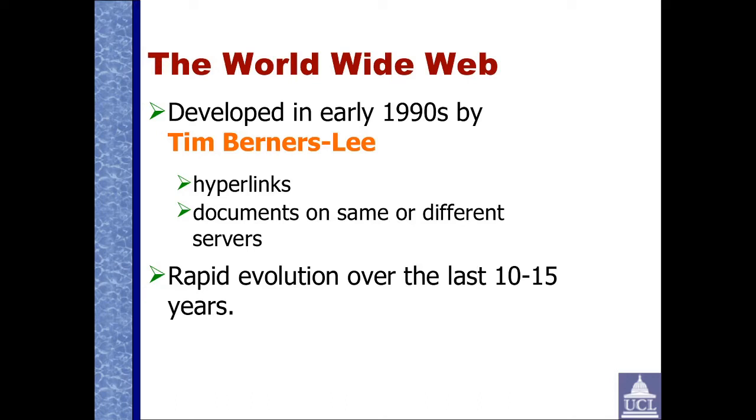So, for example, if anybody's heard of the Commodore Amiga computer, there was a documentation system for the Amiga called AmigaDoc, and that used exactly that sort of concept of being able to have links to jump you to another document. However, the big difference with the World Wide Web was that the documents could live on a different server.